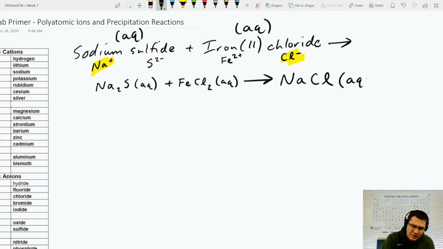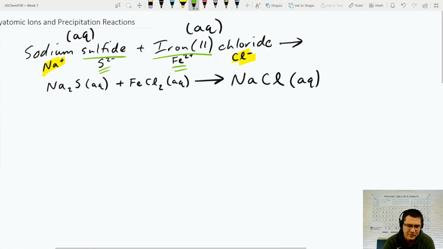We know from experience that sodium chloride, just table salt, is soluble in water, so I'm going to also list it as aq. But the other product, when the iron(II) combines with the sulfide, so in this case, Fe2+ and S2-, are going to form iron sulfide.